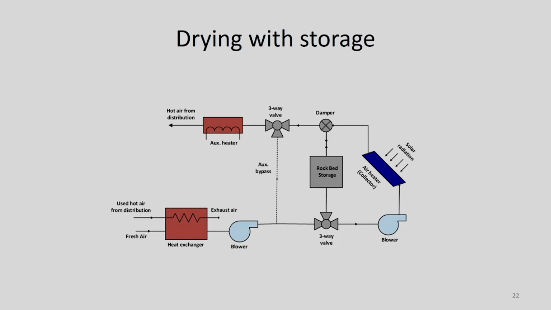Let us now discuss how the solar air heater can be applied for process heat industries, which require process heat, and we can store energy by using this solar air heater. So, this slide shows the use of solar air heater for process heat industries. Solar radiation is falling on the collector, and a blower forces the air to the damper.